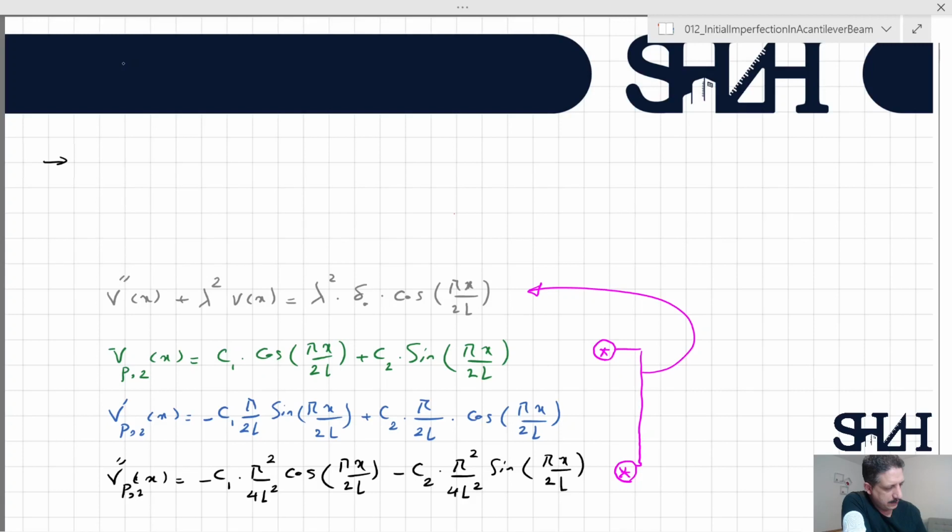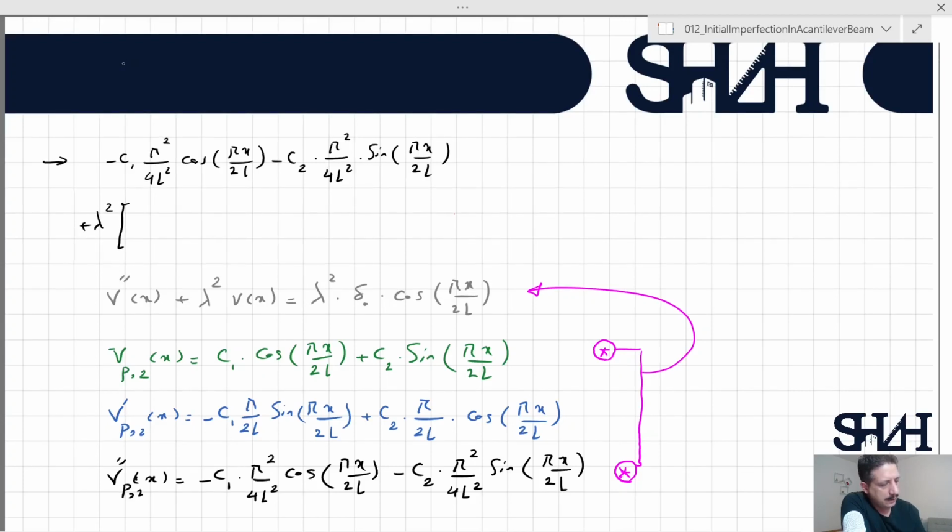So instead of the second derivative: minus c1 pi square over 4l square cosinus pi x over 2l minus c2 pi square over 4l square sinus pi x over 2l plus lambda square times c1 cosinus pi x over 2l plus c2 sinus pi x over 2l.